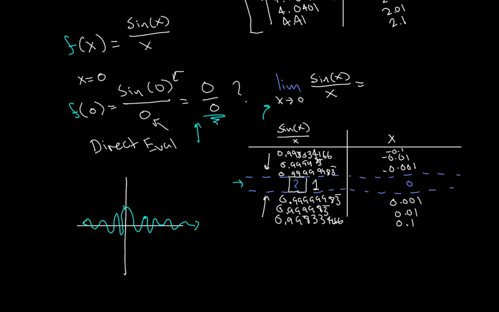But at this point here, you have something called a hole, which we'll go into further, where you have the 0 over 0. So here, the function is actually not defined, right? But this doesn't really tell us the shape of the graph.